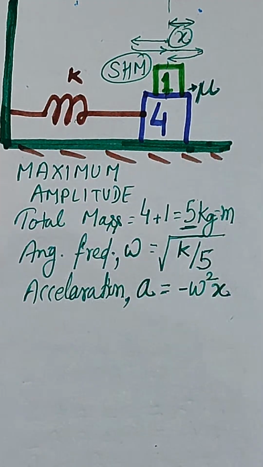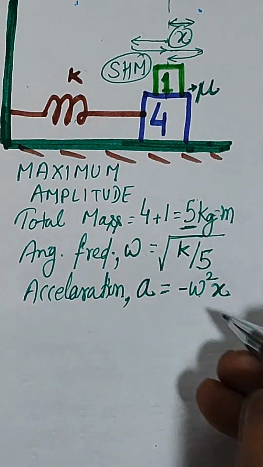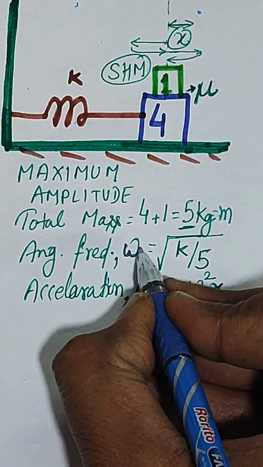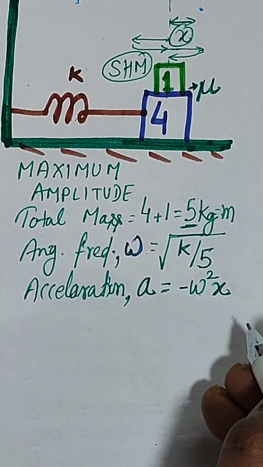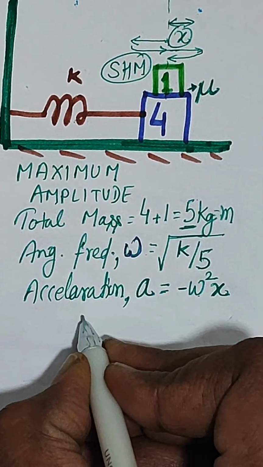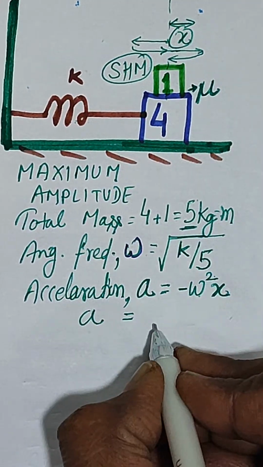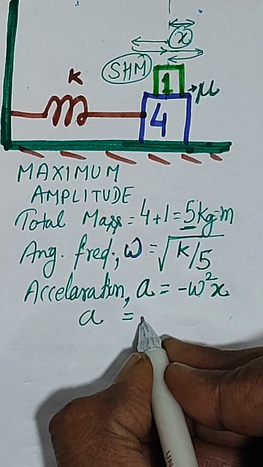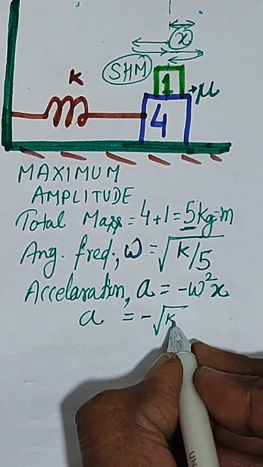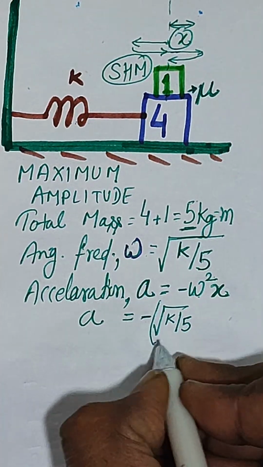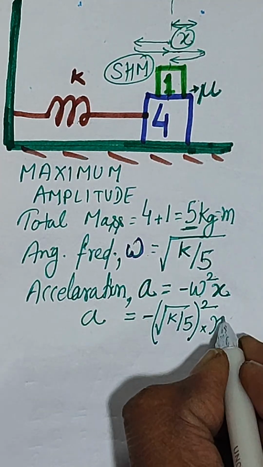Now what is omega? We already calculated this angular frequency omega, which is root over k by 5. So the acceleration A is equal to minus omega square x, which is minus root over of k by 5, whole square, multiplied with x.